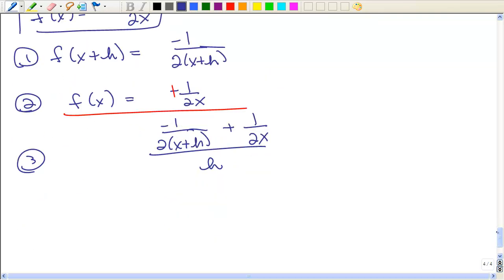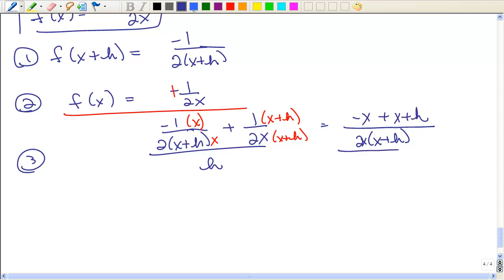Before I take the limit as h approaches 0, I've got to clean this up. So I'm going to find a common denominator. I'm going to multiply this fraction times x, and I'm going to multiply this fraction times x plus h. So let's see. My common denominator is 2 times x plus h. So on the top I'd have negative x plus h, and yes, I'm still dividing by that h.